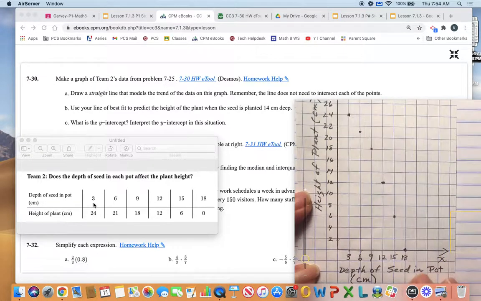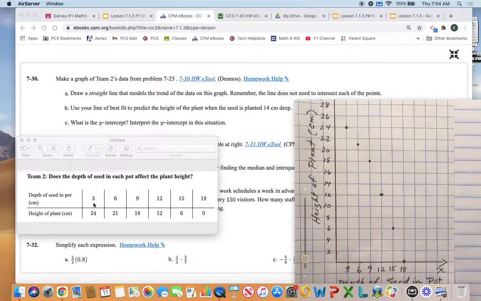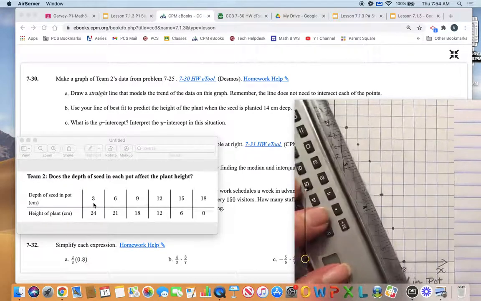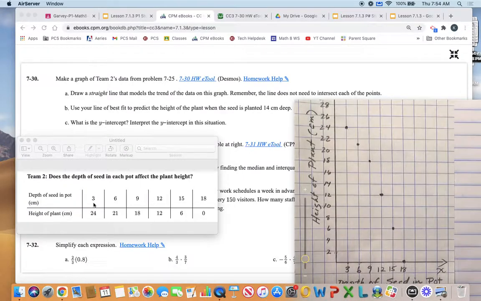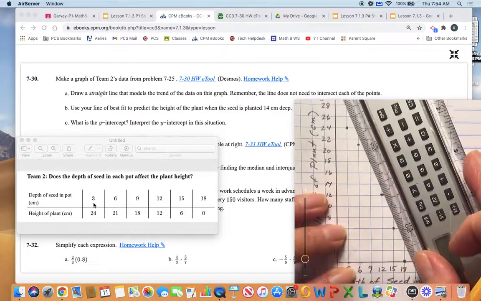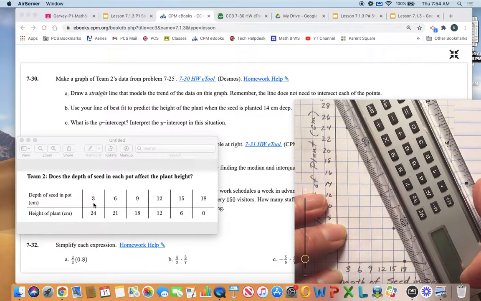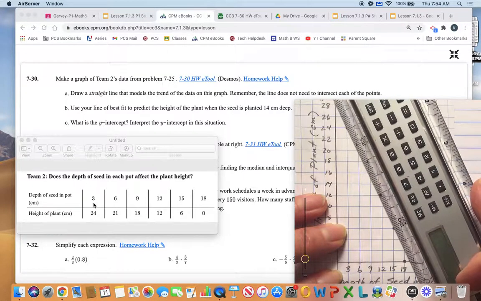Okay, all right, so now we can draw our line of best fit. So that's A. And the line doesn't have to connect to all the points. So we're just going to look and see where the line sort of fits. And my ruler's a little bit see-through, so that helps.